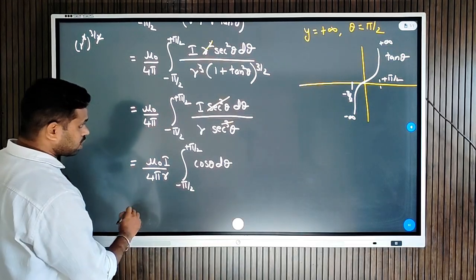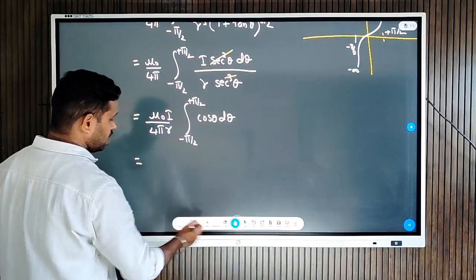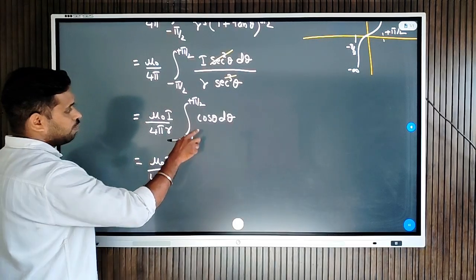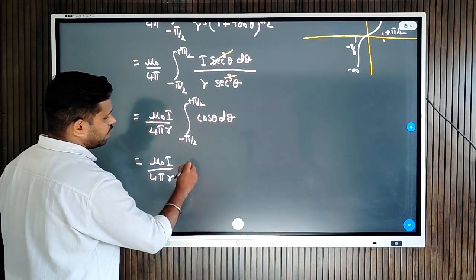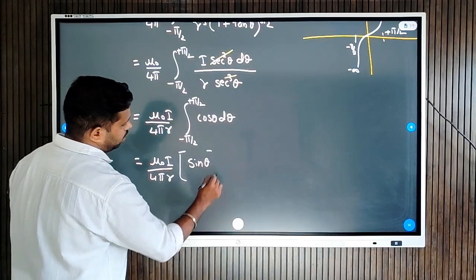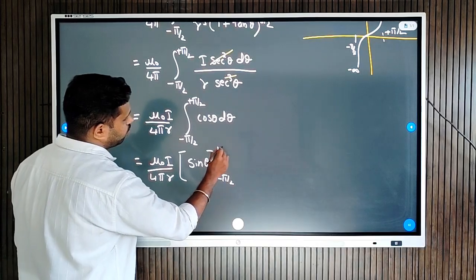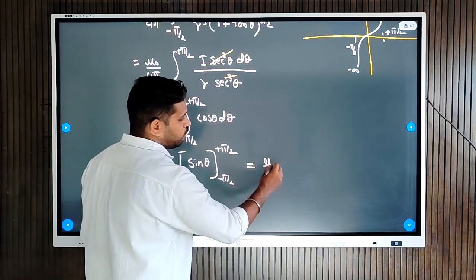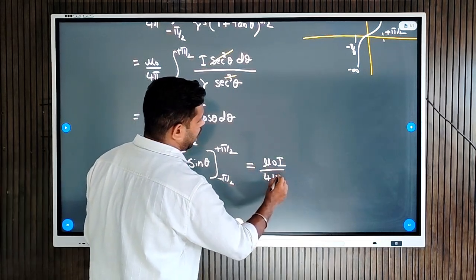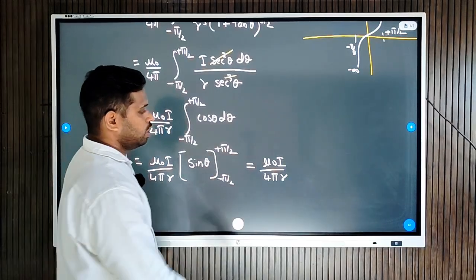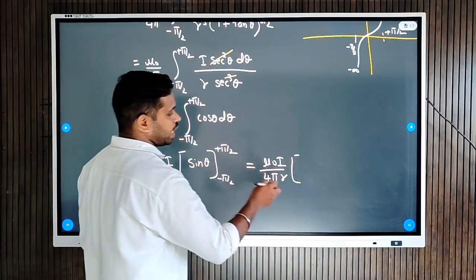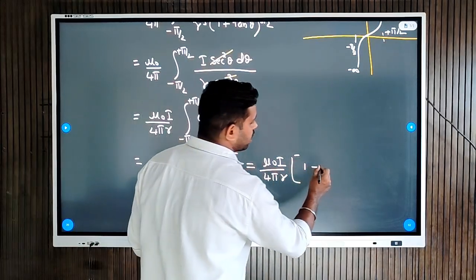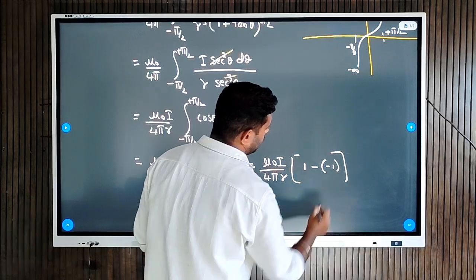Once we have got this, we can quickly evaluate it and get the final answer. It will be mu naught I by 4 pi r, and the integral of cos theta is sin theta, with limits from minus pi by 2 to plus pi by 2. Substitute the upper limit: sine 90 is 1, minus sine of minus 90, which will be minus 1, because sine theta is an odd function.